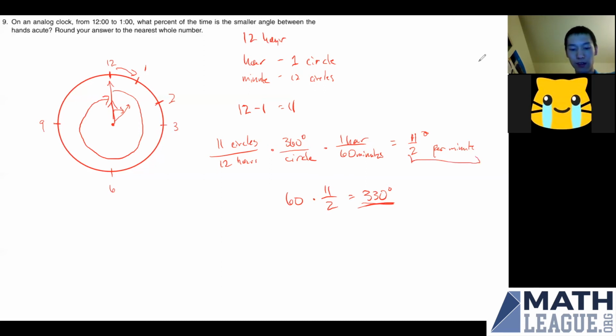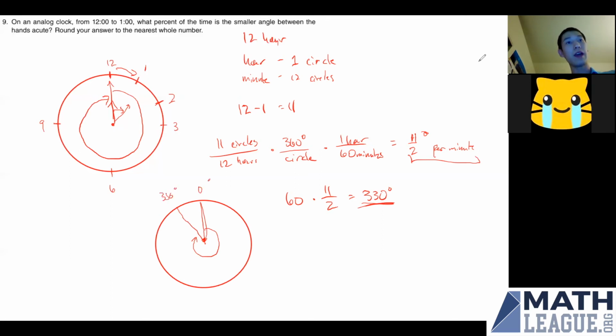So you can think of it as, let's just draw another circle. This represents the angle between the two hands, and it steadily increases from 0 degrees up to 330 degrees. And so now again, we ask the question: what portion of the time is the smaller angle between the hands acute?